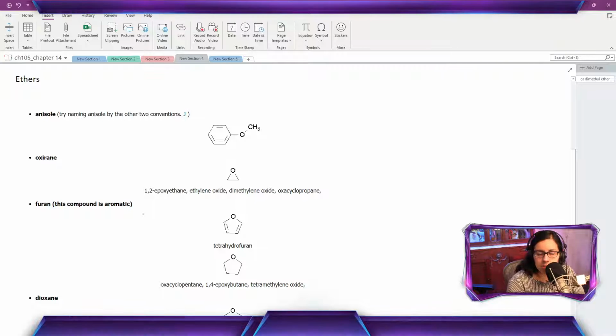There are also some special ethers. So this is called anisole. And you could try to name it. So what's anisole's IUPAC name? So what would that be?